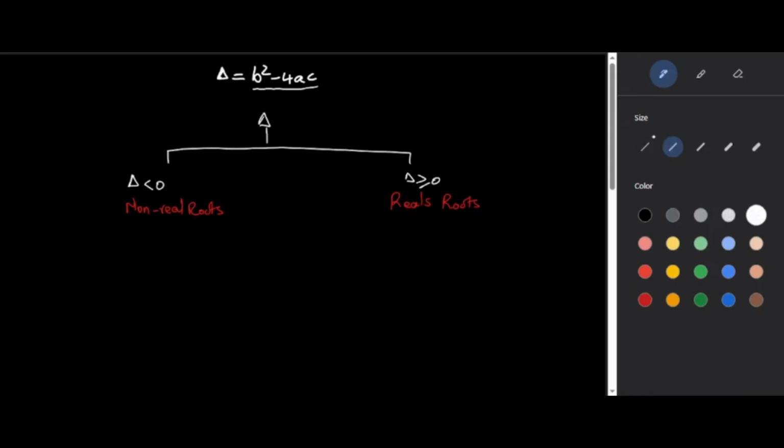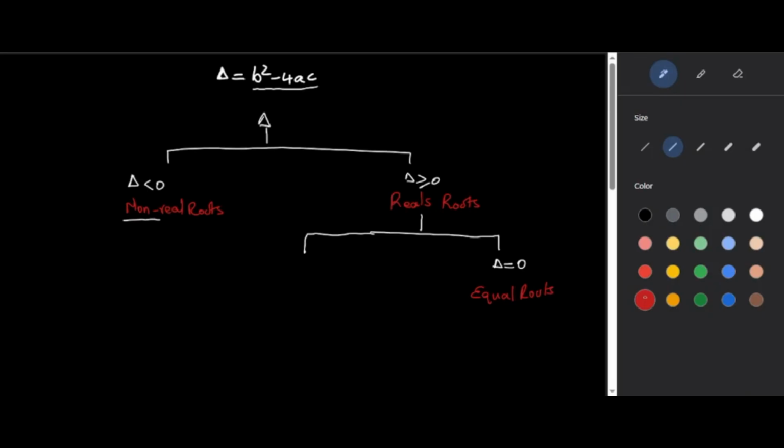If the discriminant is less than 0, this is where the map stops, but if it's greater than or equal to 0, it continues. So either the discriminant is 0. If your answer is 0, just know that you have equal roots.